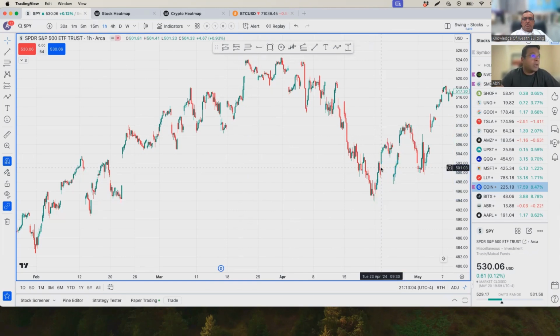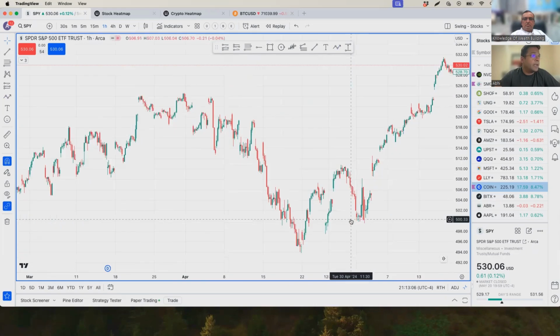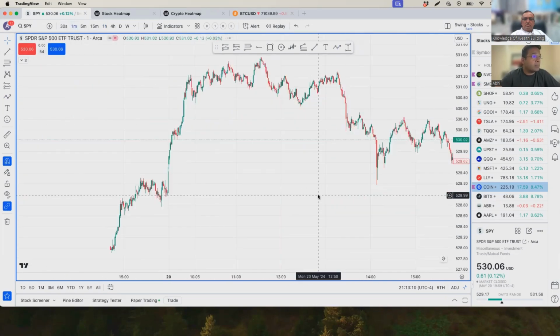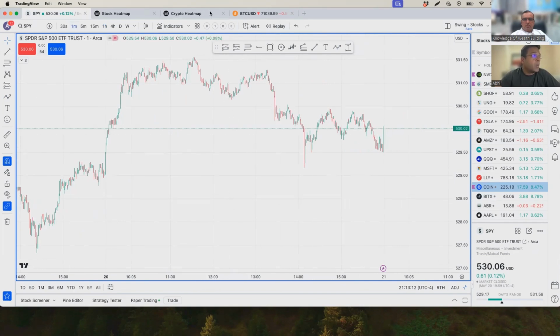This is a 1 minute chart. In the 1 minute chart, if you look at the trend, it went from a swing low to a swing high, but right now you see it as a sideways trend.